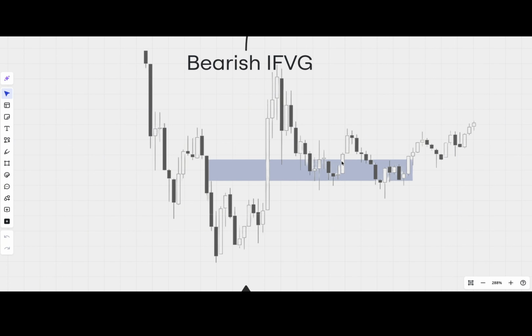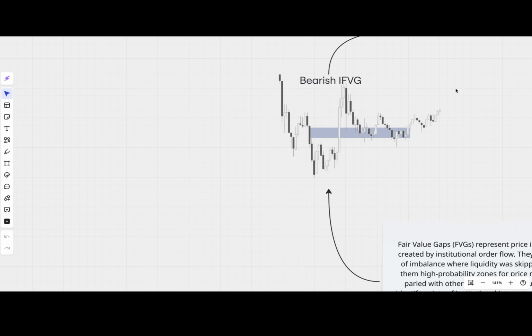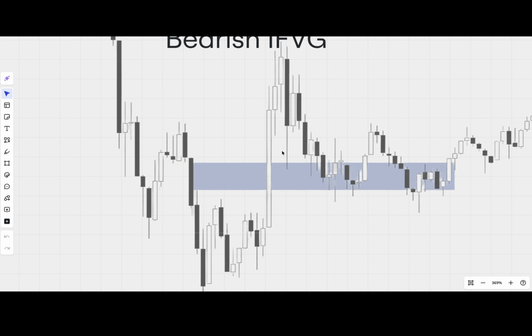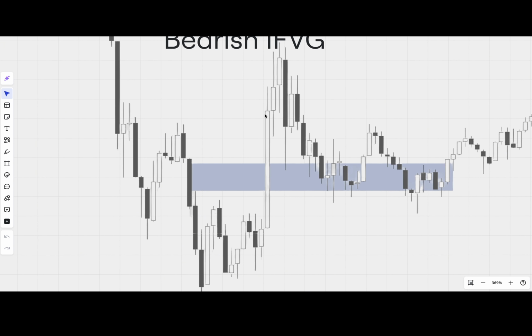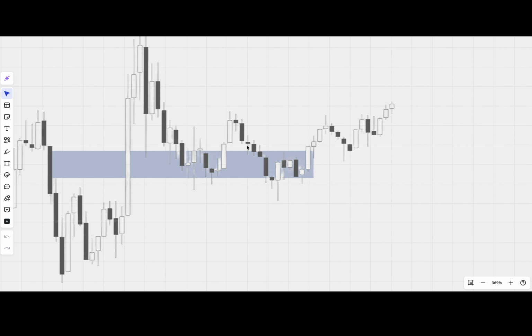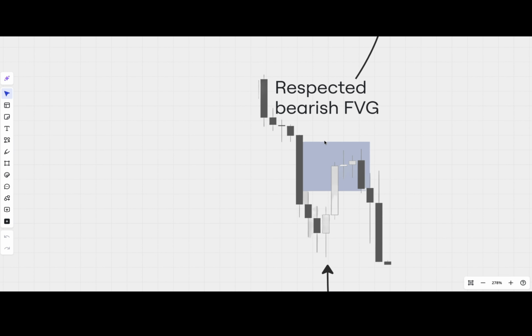And then we can consolidate in this range, and then we most likely end up going higher. So they can be used 2 times. There's 2 signals. You know when this closes above it that you're most likely bullish, or when it comes back to it, you might want to take longs.